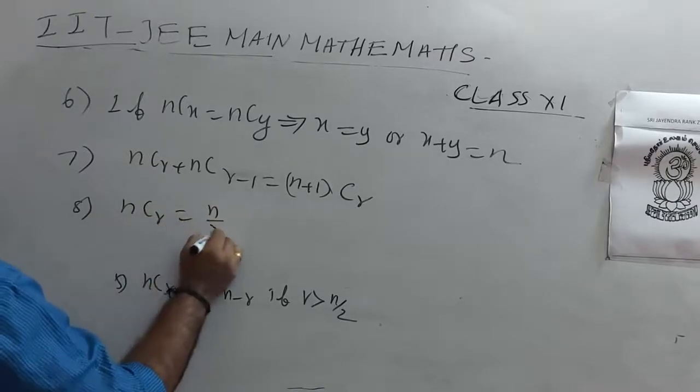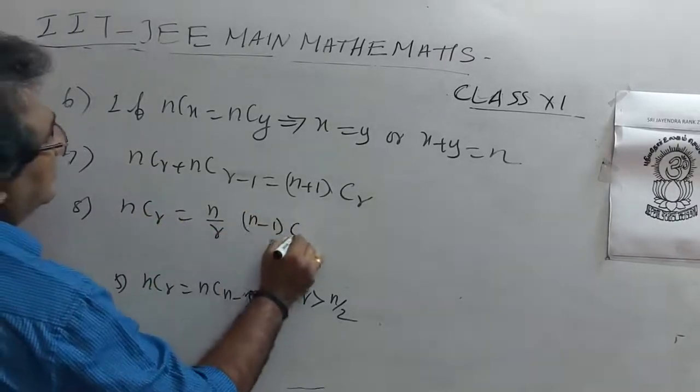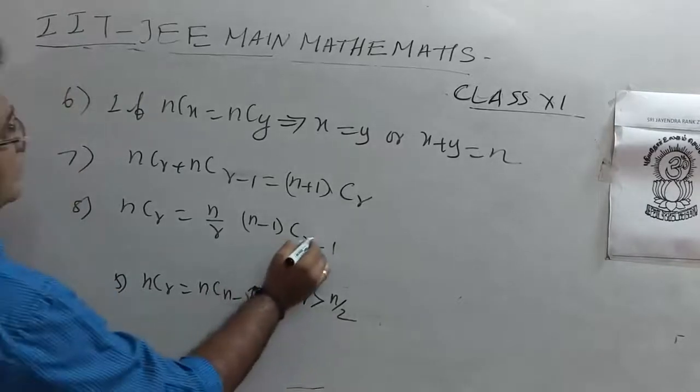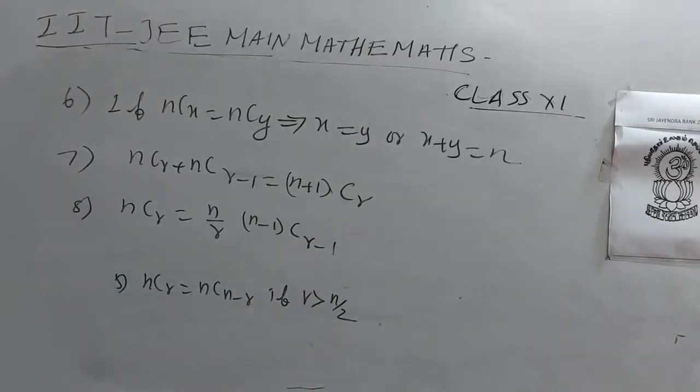nCr equals n by r into (n minus 1)C(r minus 1).